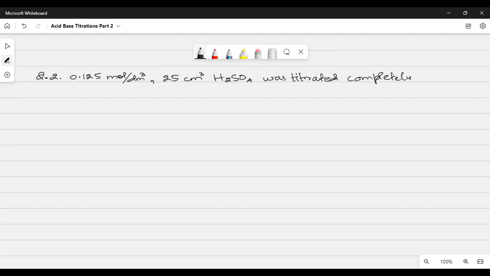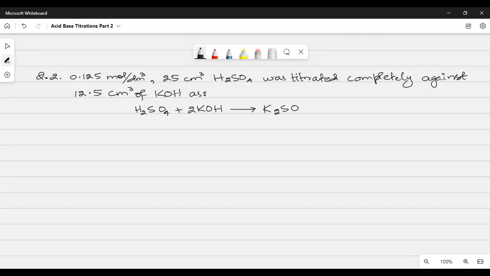So titrated completely against 0.5 cubic centimeter KOH. That's the equation in which you react H2SO4 with 2 KOH to form K2SO4 along with 2 moles of water.